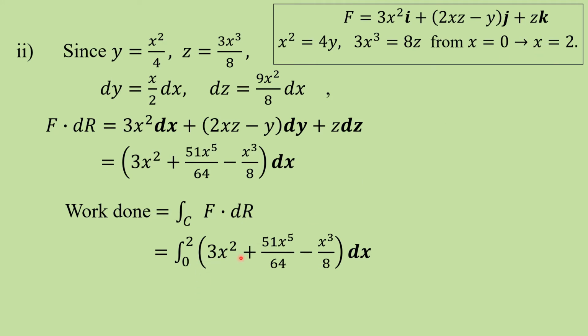So integral of this is 3x cube by 3, x cube, plus 51 x power 6 by 6, so I have 17 x power 6 by 128, minus x power 4 by 4 into 8, x power 4 by 32. Apply the limit, upper limit minus lower limit. So after simplifying, you will get the work done by the force 3x square i plus 2xz minus y j plus z k in moving a particle along this curve from x equal to 0 to x equal to 2 is 16.